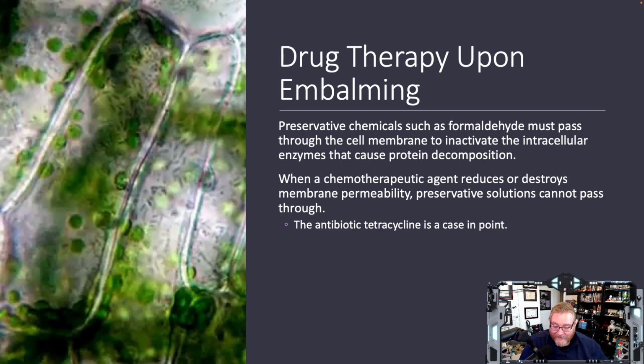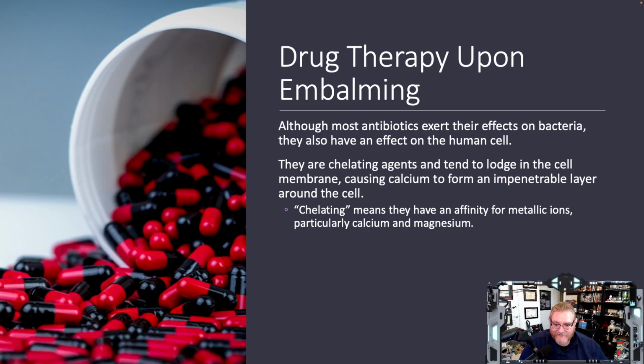The antibiotic tetracycline is a case in point. Although most antibiotics exert their effect on bacteria, they also have an effect on the human cell. They are chelating agents and tend to lodge in the cell membrane, causing calcium to form an impenetrable layer around the cell. Chelating means they have an affinity for metallic ions, particularly calcium and magnesium.